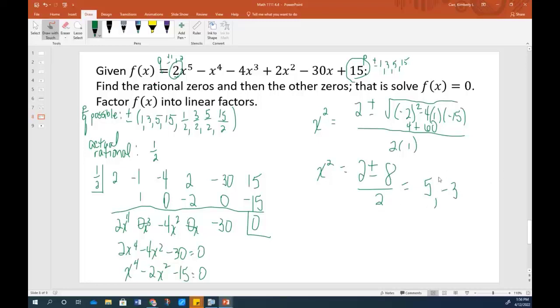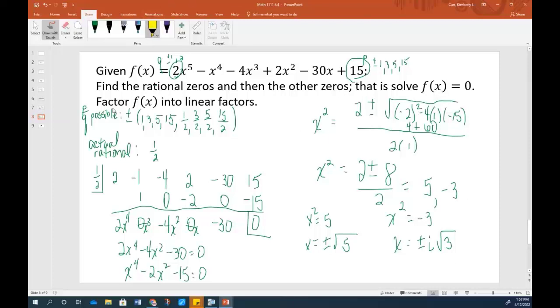Now don't get too confused, we're not done yet, because that's what x squared equals. So if x squared equals 5, then x is equal to plus or minus the square root of 5. If x squared, on the other hand, equals negative 3, then x is equal to plus or minus the square root of negative 3, which we know I will put as an i.